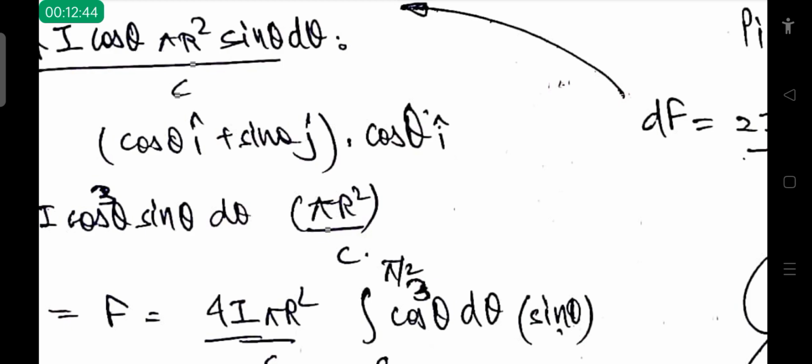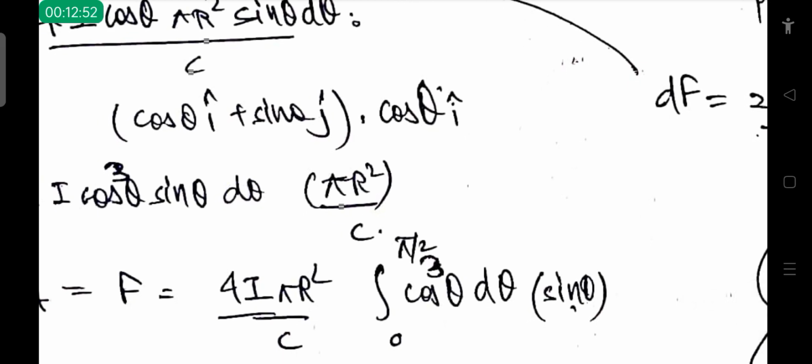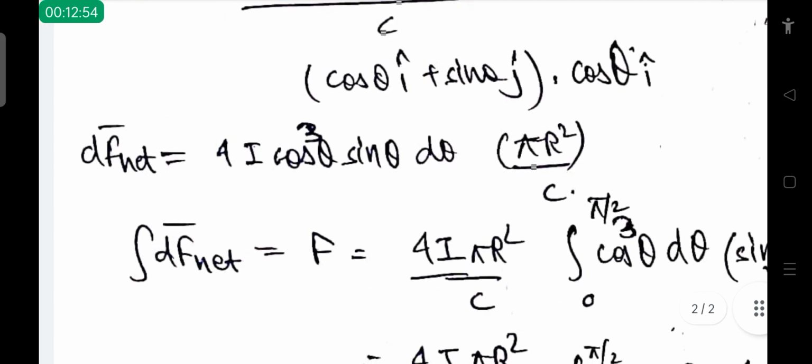The dot product makes sense, because then the vertical component will get nullified, since j dot i is 0 and i dot i is 1.